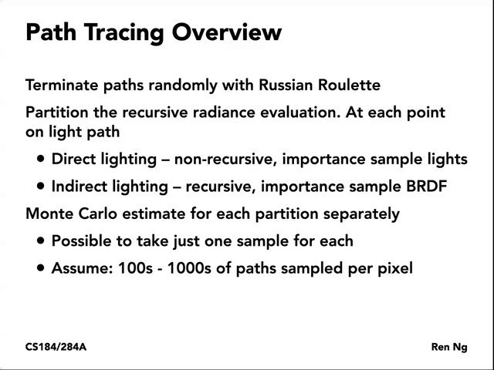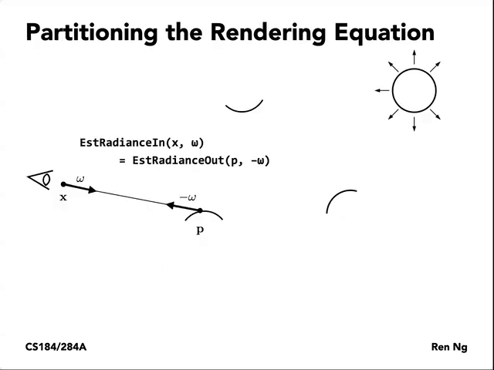In any case, we're going to assume hundreds or thousands of paths that we sample through every pixel in the final image. So we're going to average hundreds or thousands of these kinds of samples. I'll show you some examples of those pictures when I complete the description of path tracing. Anyway, that's the overview. Break it up into two parts: direct lighting, indirect lighting, and sum it up.